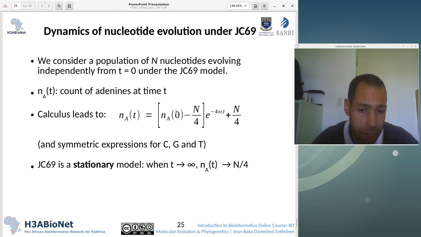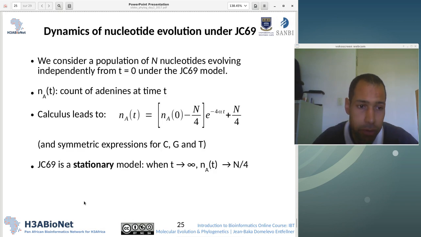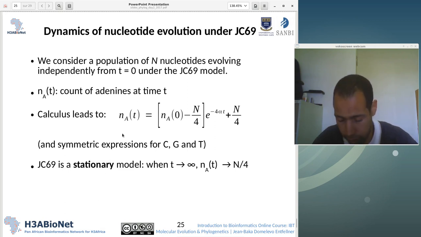It's easy to calculate from these instantaneous rates and the definition here. It's easy to calculate how a population of nucleotides would evolve given this evolutionary model.